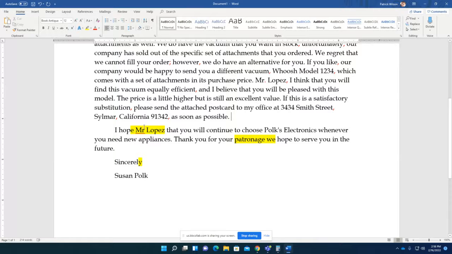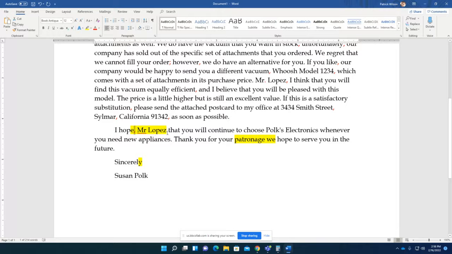again, we need to really have commas after hope, because it's one of those that's a non-restrictive clause. You can basically take it out and it still makes sense, but we're trying to reassure Mr. Lopez here, at least the person writing this letter, Susan Polk, is trying to reassure Mr. Lopez that he's going to get the correct model and all that stuff.